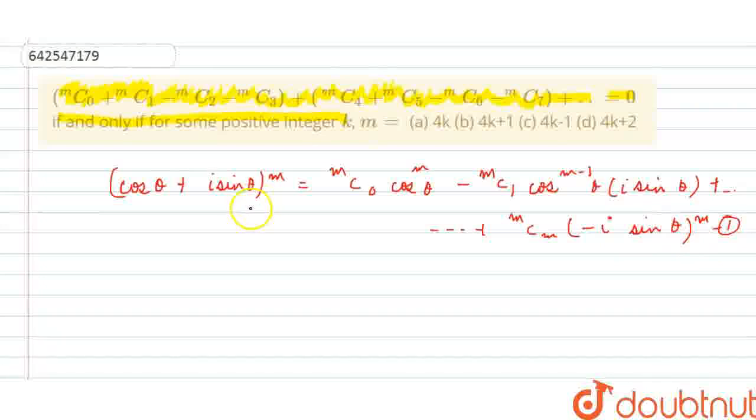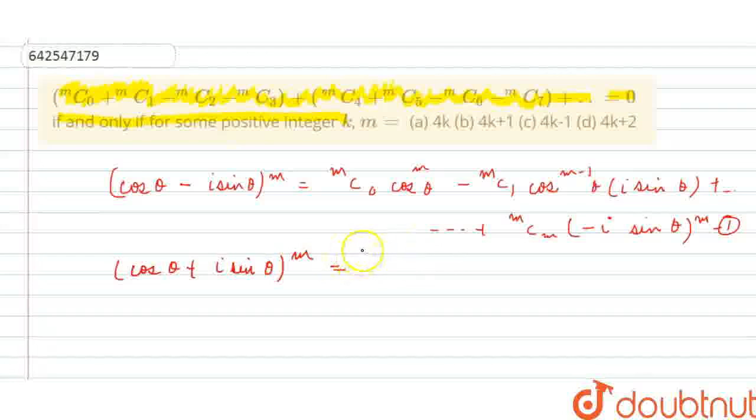Now, this was for cos theta minus iota sine theta, this expansion for the minus. Now, I'm considering (cos theta plus iota sine theta) to the power m.